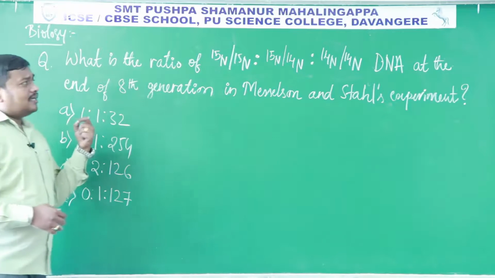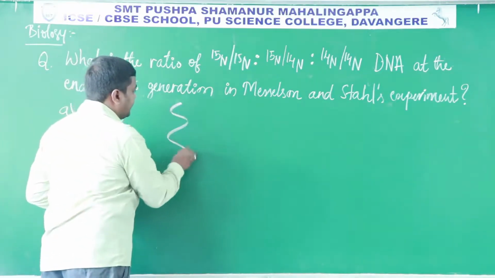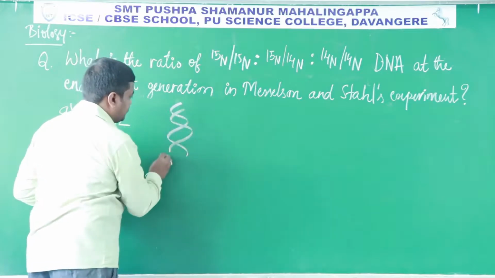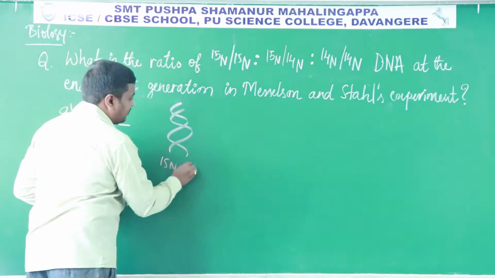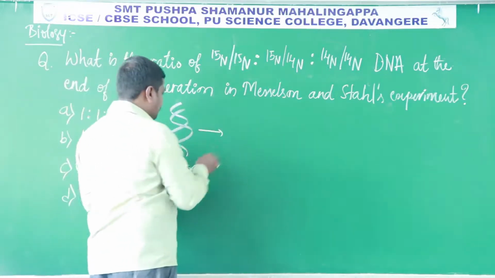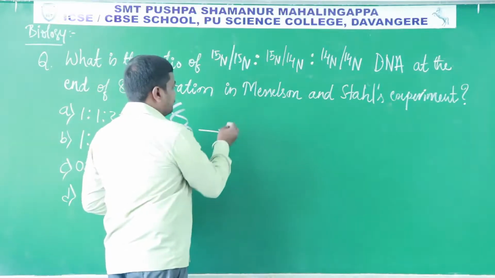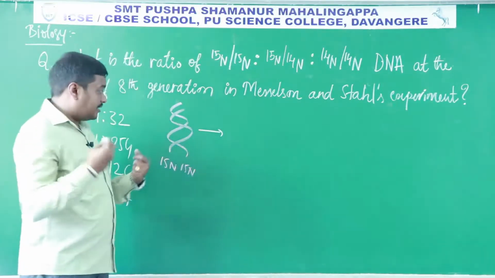Okay, when he started the experiment with 15N and 15N, this is 15N DNA and 15N DNA. It grows for several generations. Then he shifted those bacteria containing 15N to the media containing 14N nitrogen.